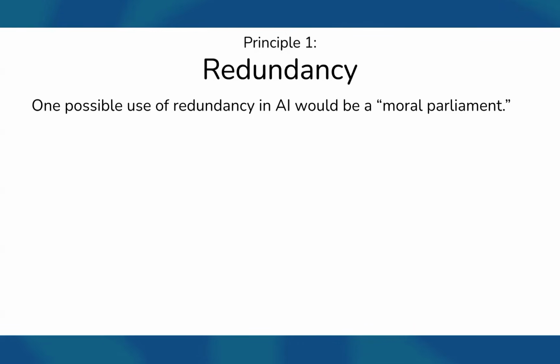With a moral parliament, different stakeholders are voting on which ethical decision the AI should make. And this might be done automatically. So simulations of different decision makers can come into play, that these stakeholders will tend to believe that we should prioritize this good. These stakeholders will believe that we should prioritize this other good.